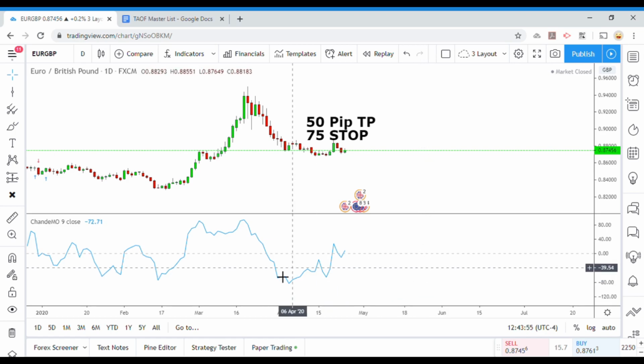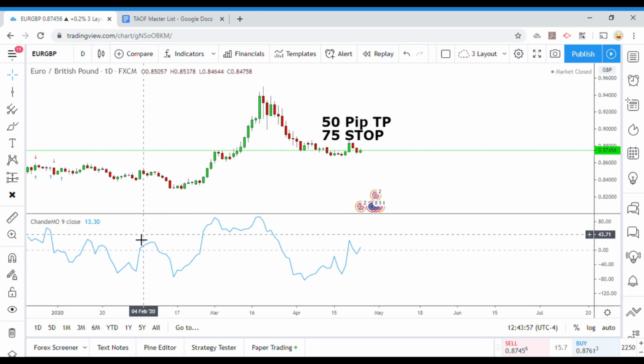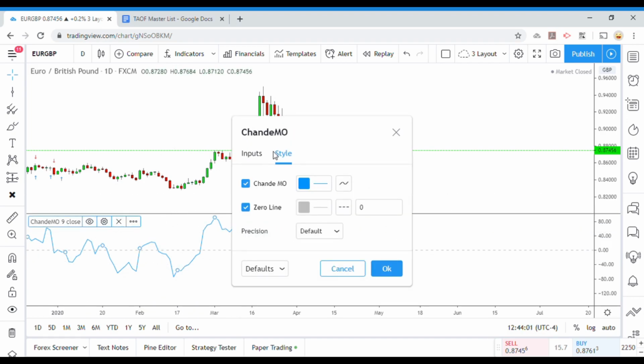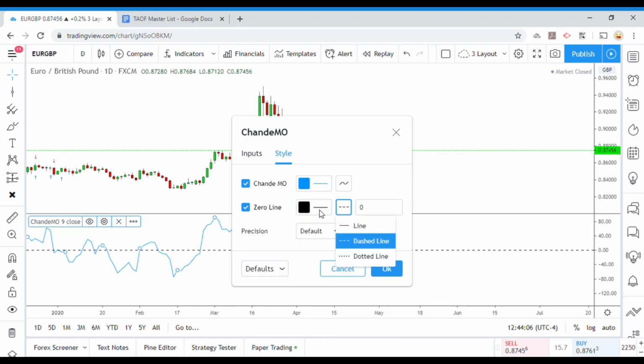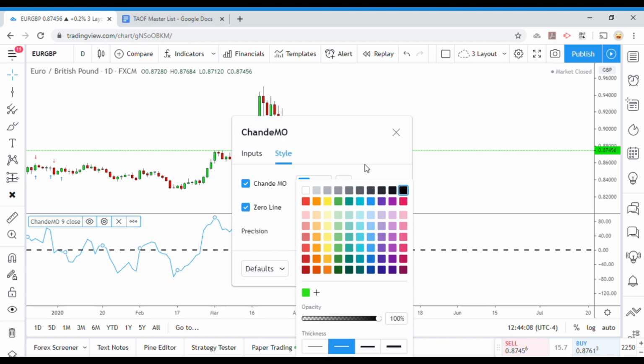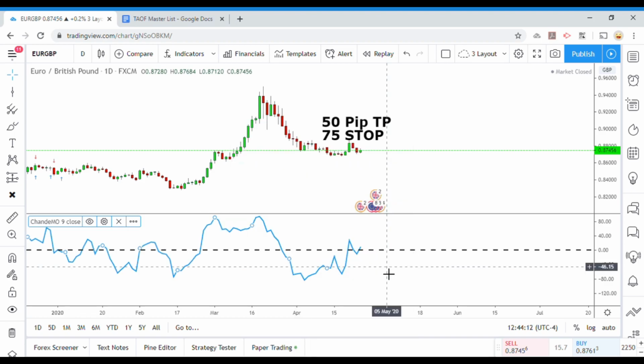Alright, let's get to testing this indicator. But before we do, let me make some modifications so we can see things a little bit clearer.